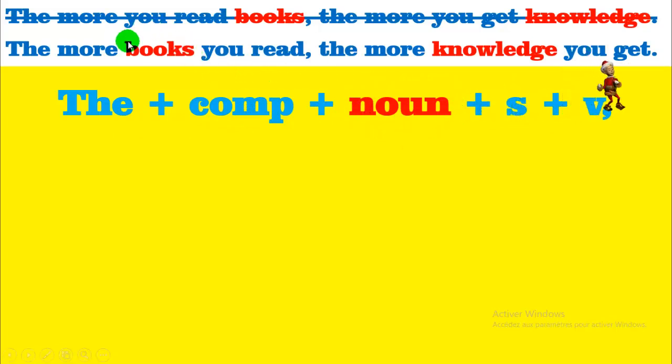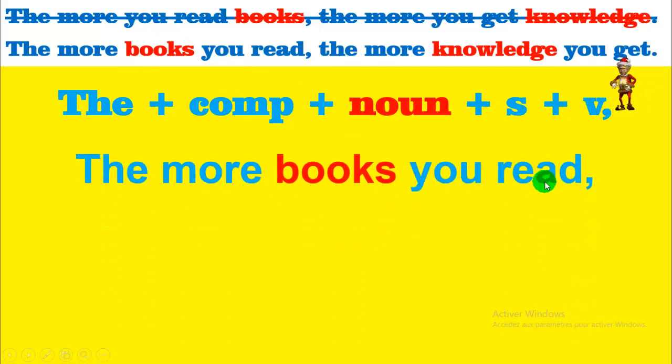Ici, le nom vient avant le sujet et le verbe. Le nom ne vient pas après sujet et verbe. Le nom vient avant sujet et verbe. The more books you read. Don't say the more you read books. Okay, the more books you read. Yes, comparative, noun, subject, verb. The comparative, noun, subject, verb.